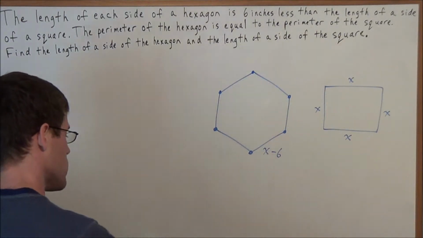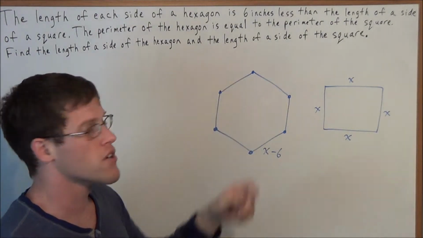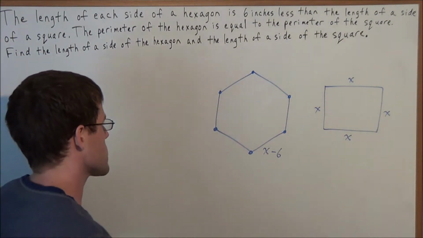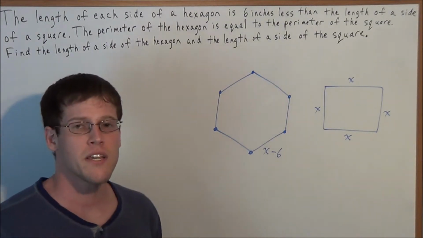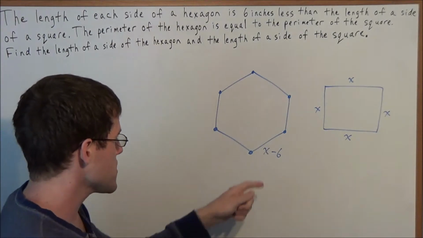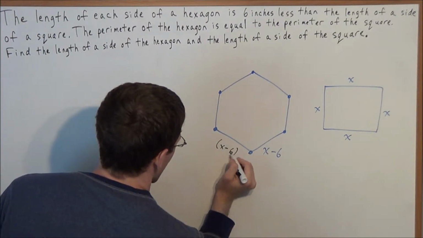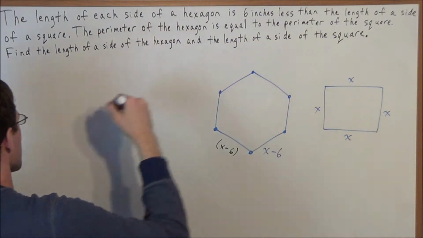Now we need to use the second sentence. The perimeter of the hexagon is equal to the perimeter of the square. Remember, the perimeter of any polygon is the sum of the lengths of all of the sides. So if each of these sides has a length of x minus 6, then we can represent the perimeter of the hexagon.